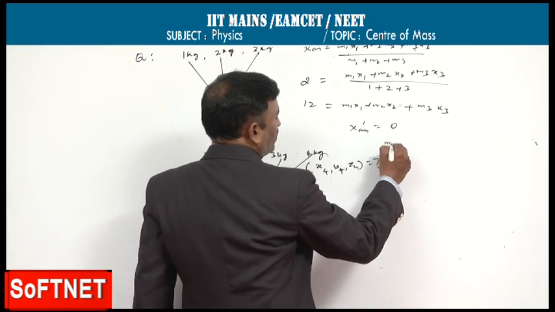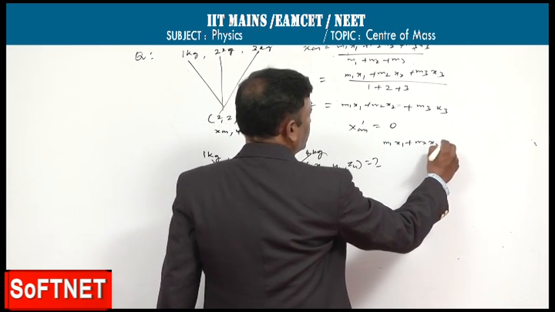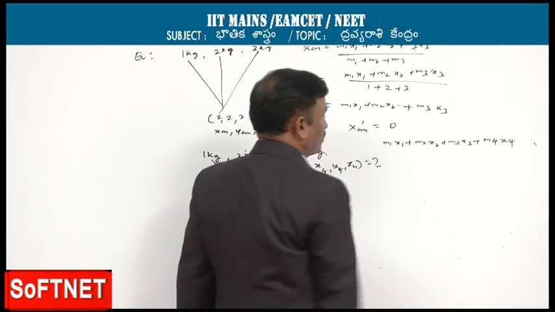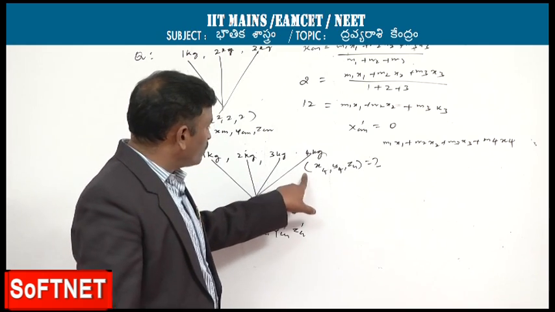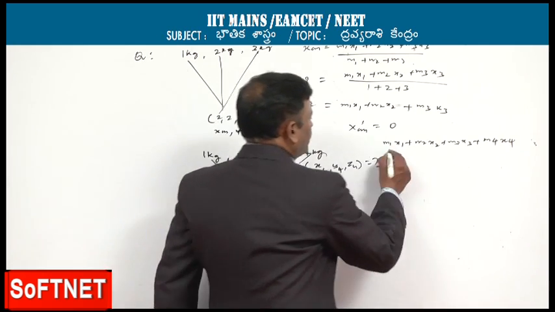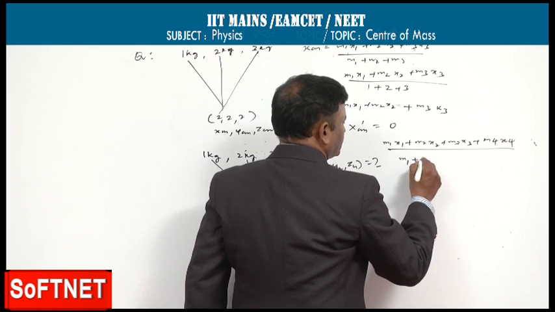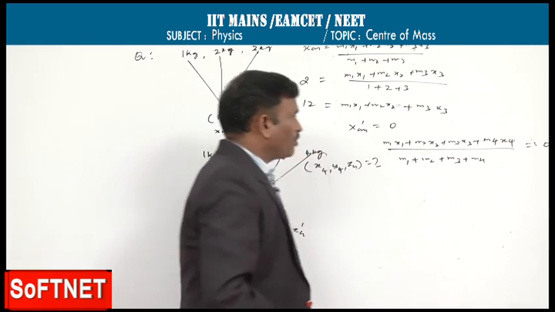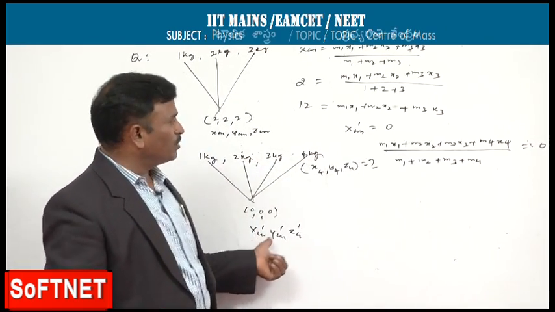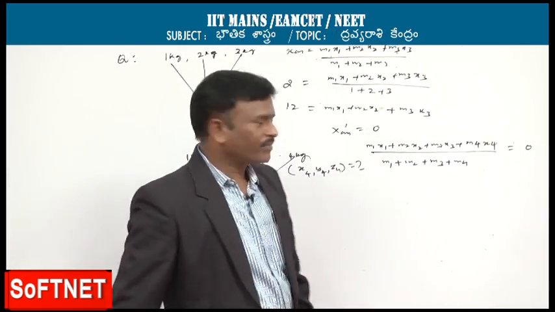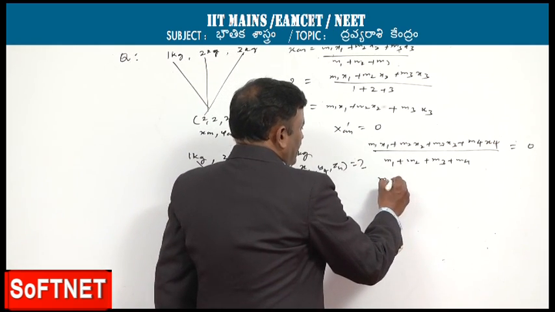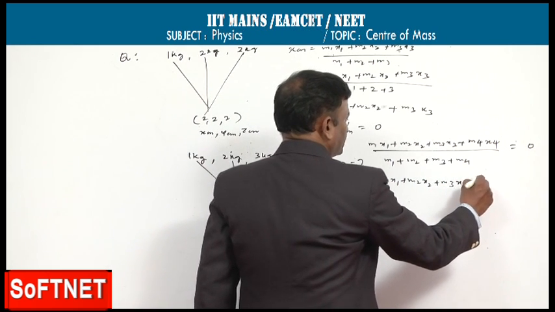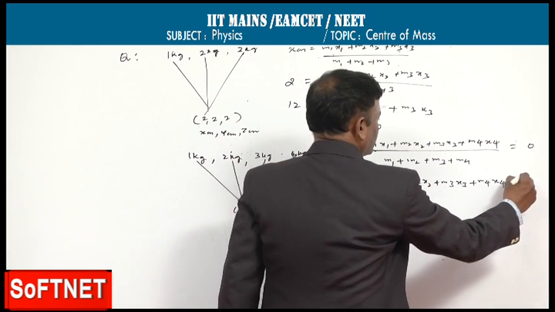It is M1x1 plus M2x2 plus M3x3 plus M4x4, because in the second case the 4th mass has entered, by M1 plus M2 plus M3 plus M4, equal to 0, because the center of mass is shifted to 0. So we are supposed to take 0. Then M1x1 plus M2x2 plus M3x3 plus M4x4 is equal to 0.